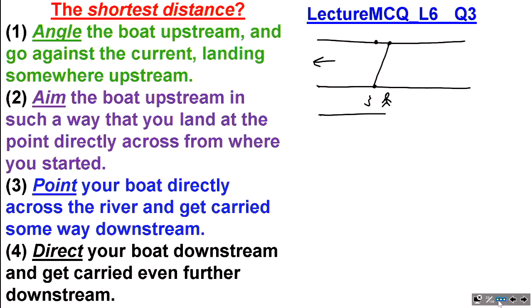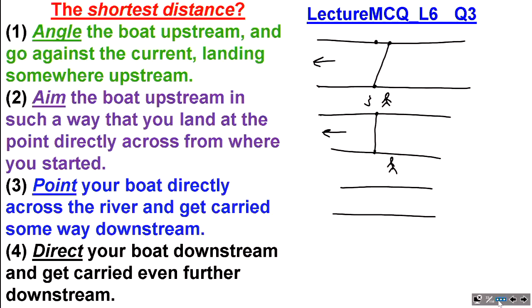Now, next situation, you start here and you land at the point directly across. Directly across means this. So that's the stream, that's an observer on the ground looking at you, your friend or enemy. And that's what that observer observes. Now, you aim the boat directly across, but the stream drags you down.